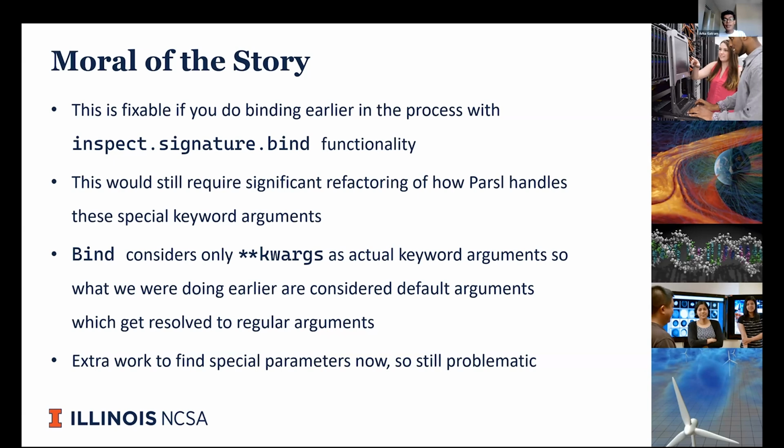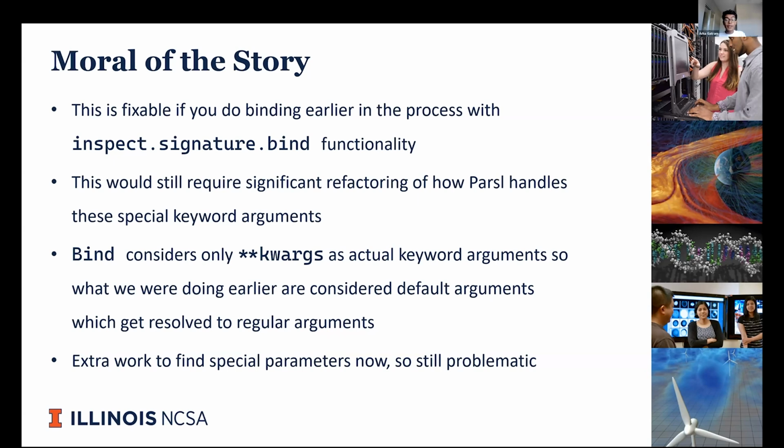If you look at the actual standard, bind considers only explicitly variable keyword arguments as actual keyword arguments. So if you extract these parameters out of keyword args, as was being done before, you're never getting the special parameters, because when you set a parameter equal to some value in your function signature, this is really a default argument.